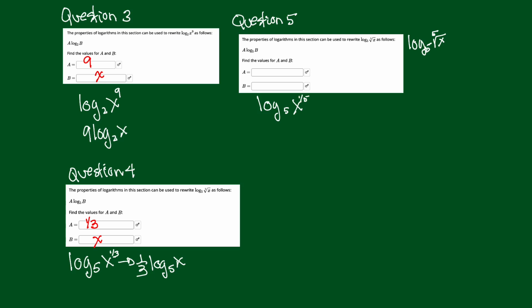Now, I can bring that exponent down in front by the properties of logarithms. So this is going to become 1/5 log base 5 of x. Now, a is the multiplier, b is the argument. So we're going to get a is 1/5 and b is the argument, which is x.